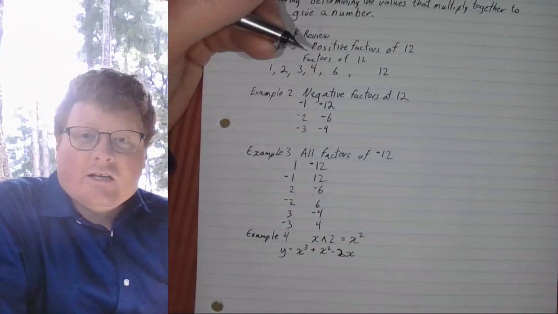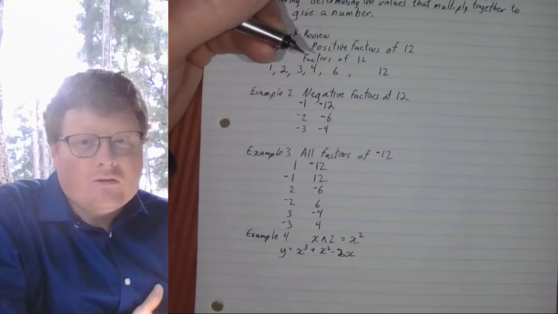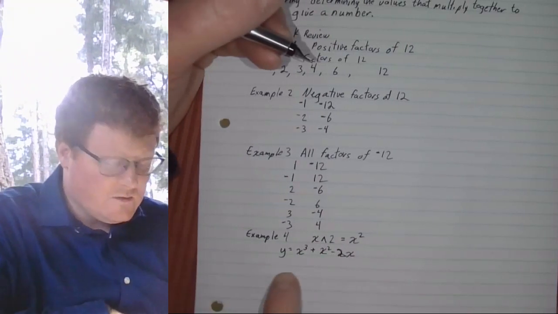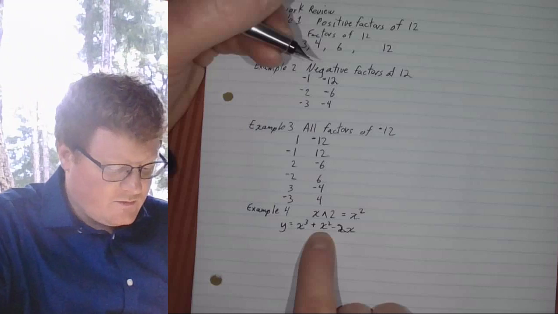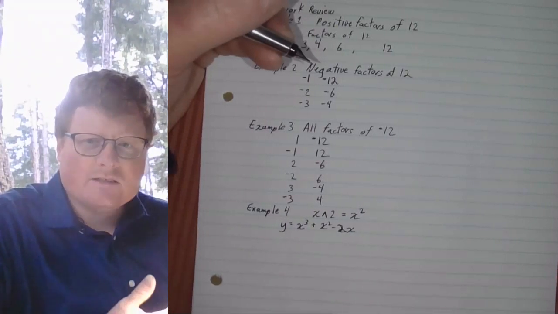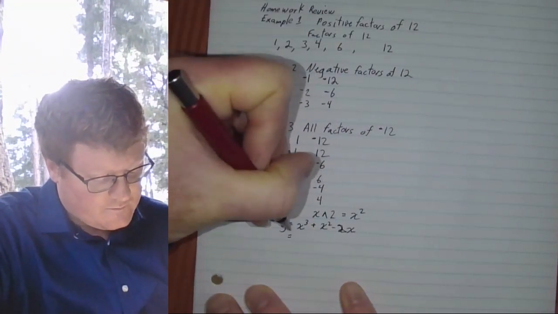Sometimes you can break quadratic polynomials into two binomials. In this case, we haven't learned this method, but what we can do is look for common terms within each term. So, looking here, I have an x cubed, an x squared, and an x. Every term has an x, some number of x's. So let's break this apart a little bit.